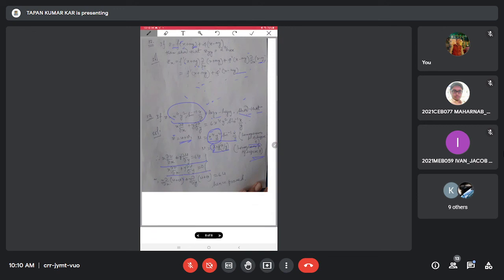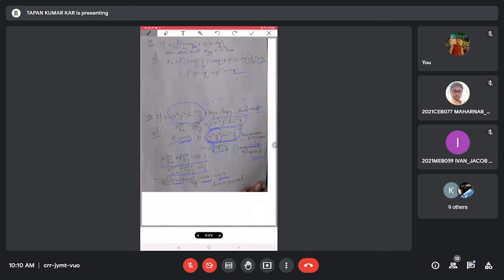Now add these two: x del x of u plus v, y del y of u plus v, u plus v equal to z. So x del x of z plus y del y of z equal to 6u plus 0, that is 6u, and you know that u equal to this one. And you have to establish this.